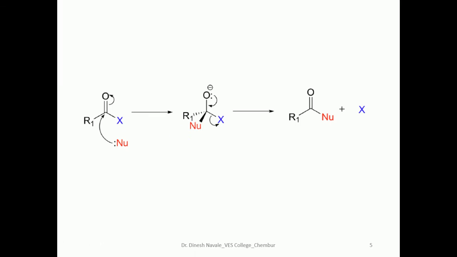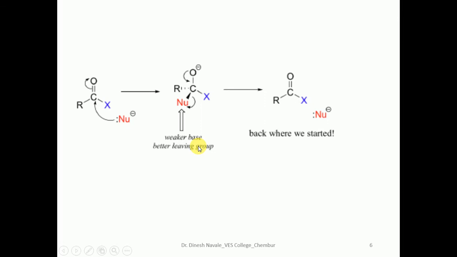That means all acyl nucleophilic substitution reactions are carried out by the tetrahedral mechanism. This is the tetrahedral intermediate we observe for all nucleophilic substitution reactions. This is the same thing we already discussed in the last slide, how the nucleophile attacks the carbonyl carbon. Then there is the formation of the next step.